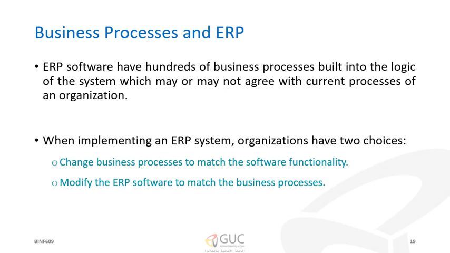The second option of modifying the ERP software to match the business processes has several disadvantages, such as any further upgrades to the system once it has been modified become expensive. Thus, every time an organization must upgrade the ERP system, the IT staff will have to upgrade the applications and upgrade the modifications.